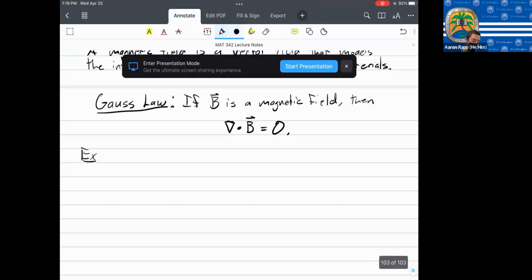So the question I have for you is: is it possible for the vector field (x squared y, y minus x y squared) to be a magnetic field?